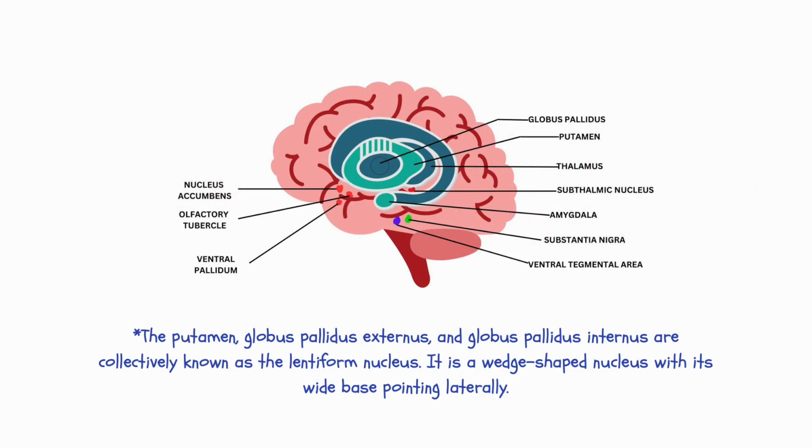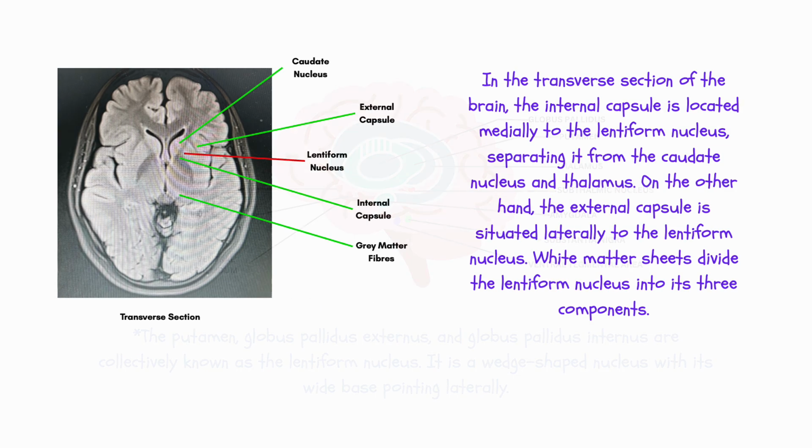The putamen, globus pallidus externus and internus are collectively referred to as the lentiform nucleus, which is a wedge-shaped nucleus with a wide base pointing laterally. In the brain's transverse and coronal sections, the internal capsule is located towards the middle, dividing the lentiform nucleus from the caudate nucleus and the thalamus.